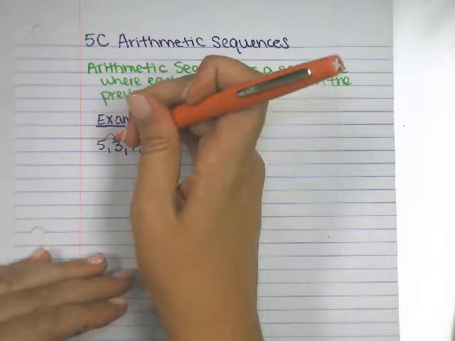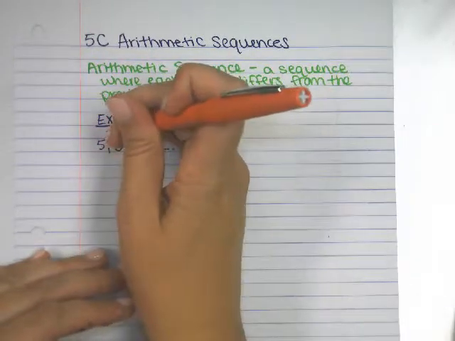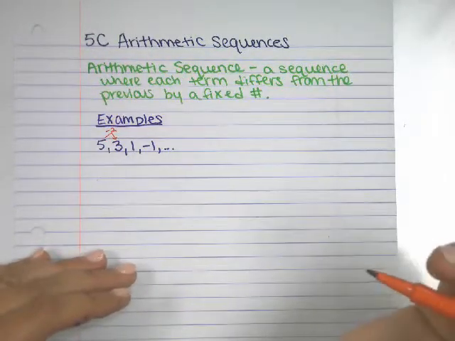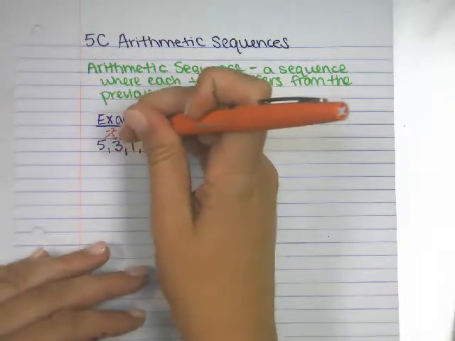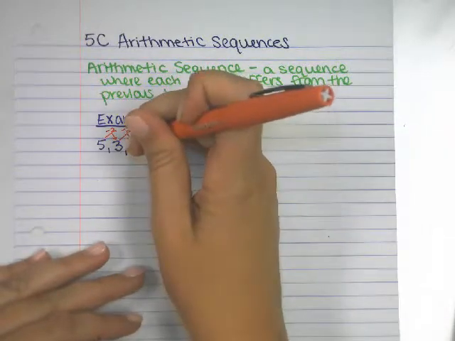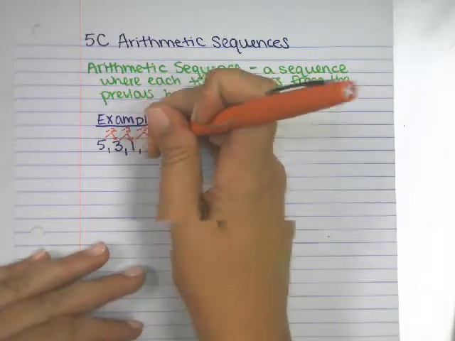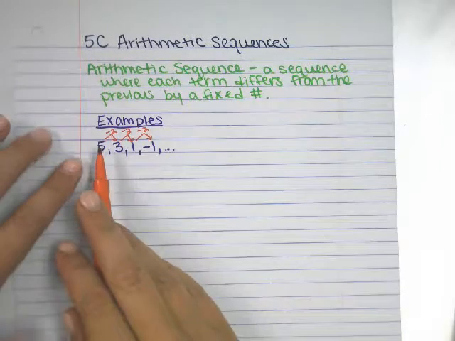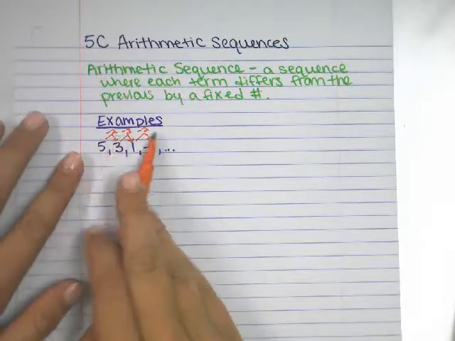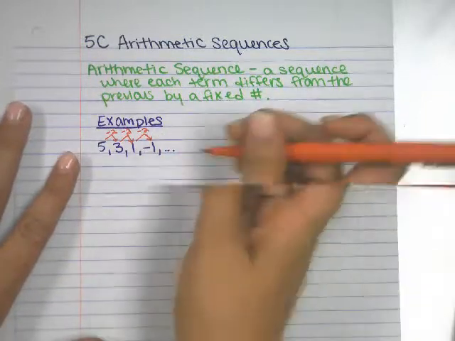So to get from 5 to 3, we'd have to take away 2. In order for this to be arithmetic, that pattern needs to continue. Okay, 3 minus 2 is 1. Continues to check out. 1 minus 2 is -1. Okay, we're good to go. This is an arithmetic sequence with a first term 5 and a common difference of -2.